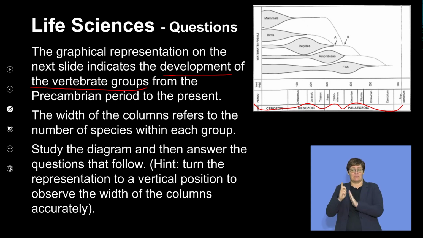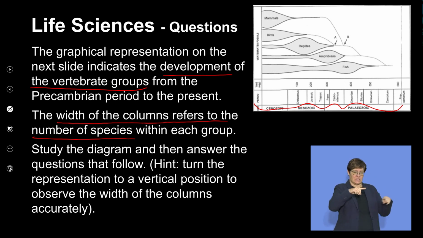The different types of vertebrates, for example, reptiles, fish, amphibians, birds, and mammals. And again, the width of the column refers to the number of species. So the wider the column, the more variety there is. And if you turn your head sideways, it's actually quite similar to the previous question that we had a look at.